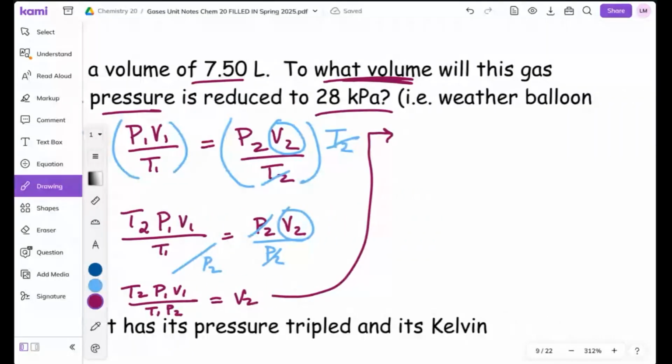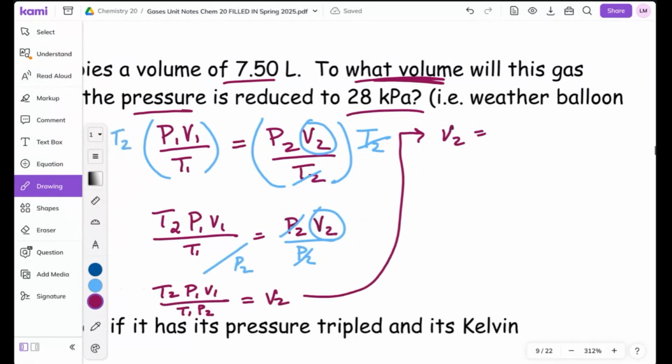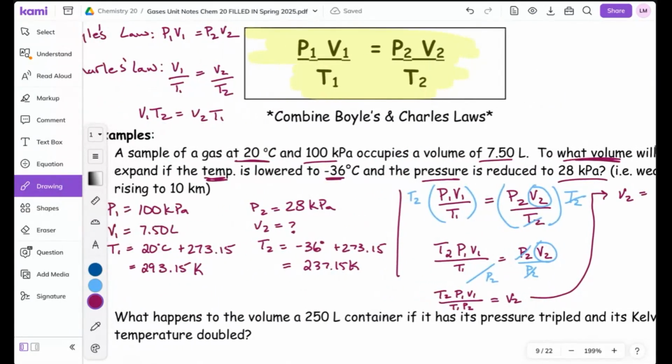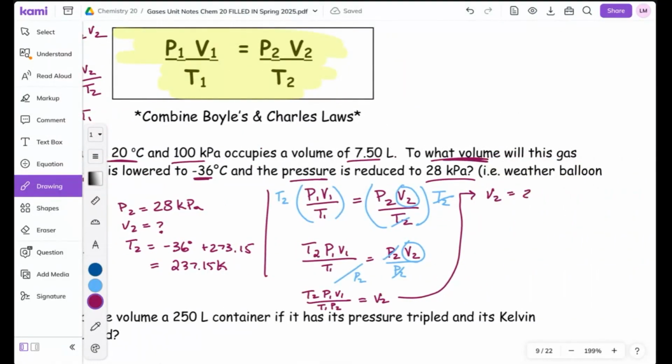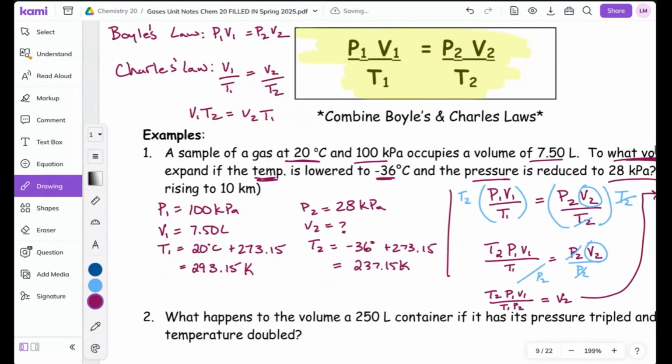All right, so let's plug in all the values that we have. So T2, that was 237.15 Kelvin. P1 was 100.